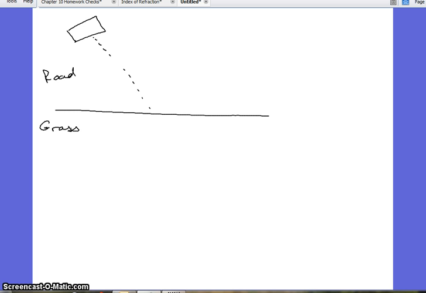As the barrel gets to this boundary, the leading edge of the barrel hits the grass first. That twists the barrel and makes it move at a slightly different angle with respect to the normal line, a smaller angle.